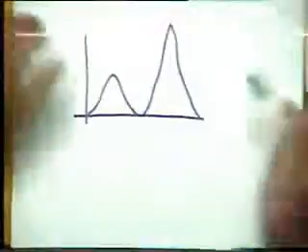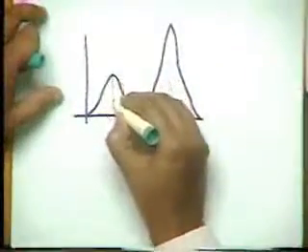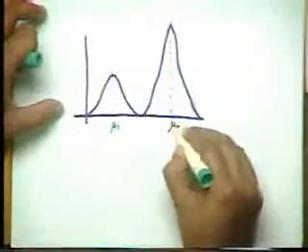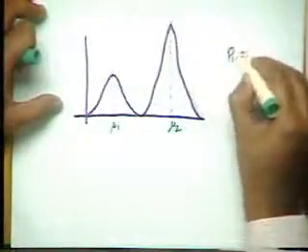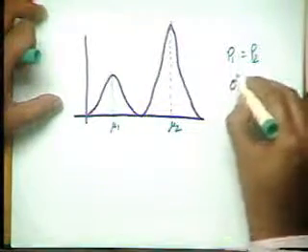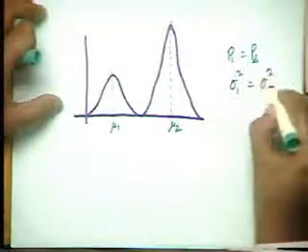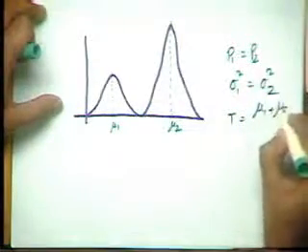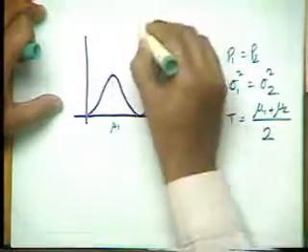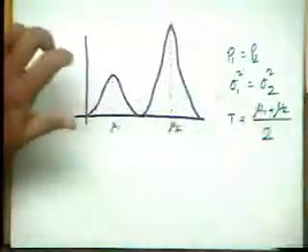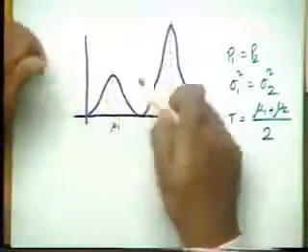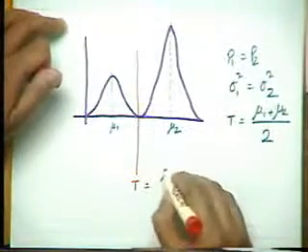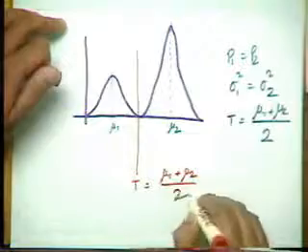If you assume that this is the mean mu1 and this is mu2, and you assume that P1 is equal to P2 and sigma square 1 is equal to sigma square 2, then the threshold T is nothing but mu1 plus mu2 divided by 2. Our threshold will fall somewhere in this region.